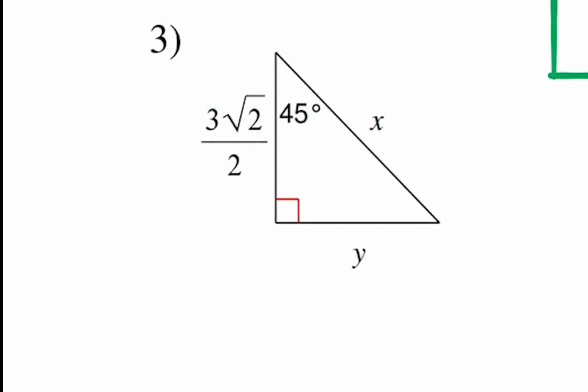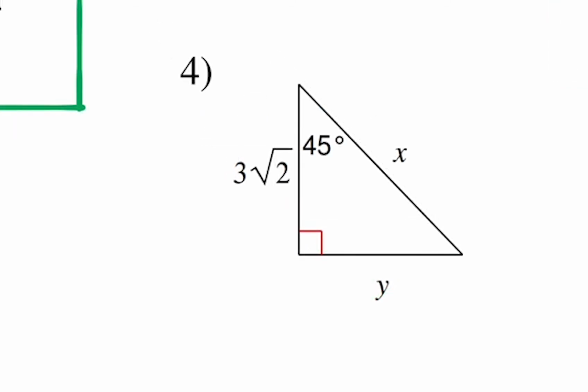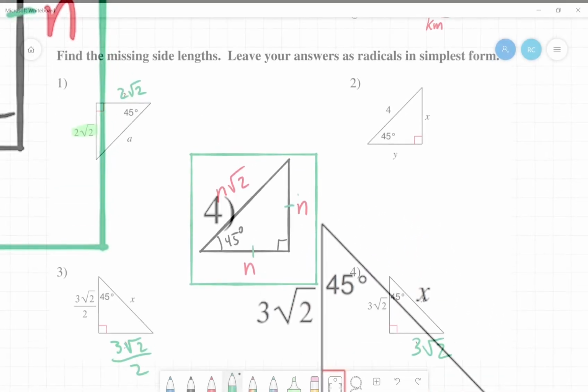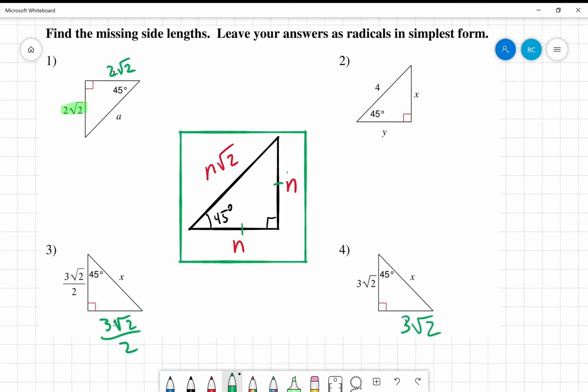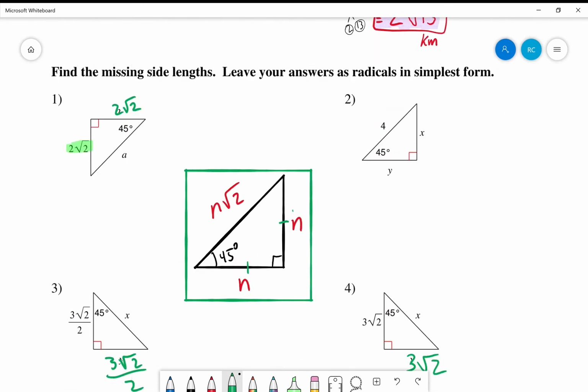So this one over here looks kind of ugly, but all I have to do is copy-paste. And this one over here, y is 3 times the square root of 2. Again, if you have one leg of a 45, 45, 90 triangle, you automatically have the other one without having to do anything. The multiplier, the ratio, is 1.